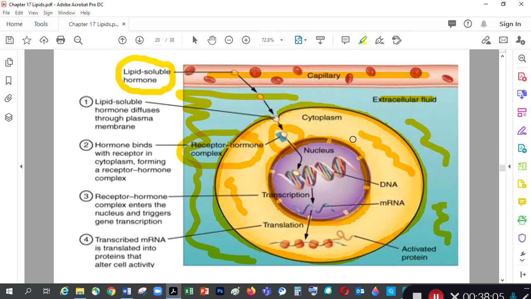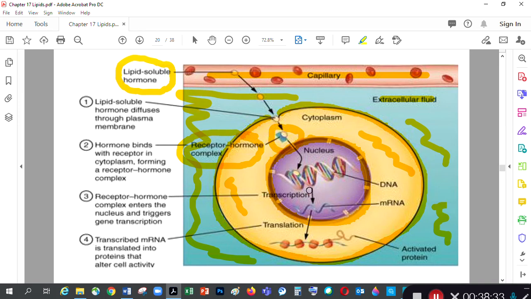So the hormone alone might not be able to enter the nucleus, but because of the help of the receptor, now they make a complex. They will be allowed to go inside the nucleus and attach themselves to what? To the DNA of the nucleus.